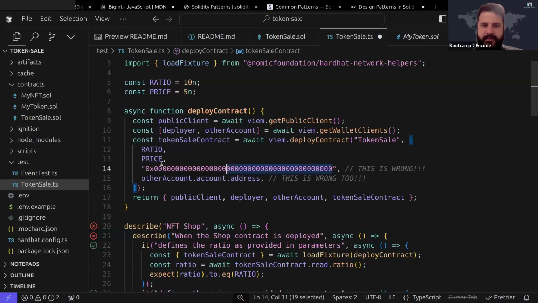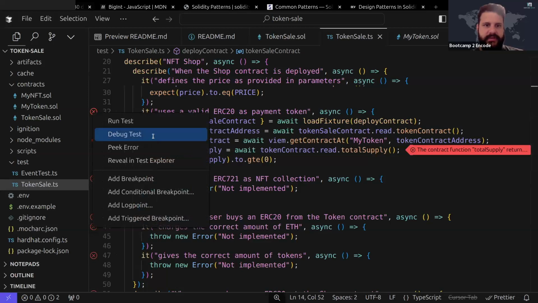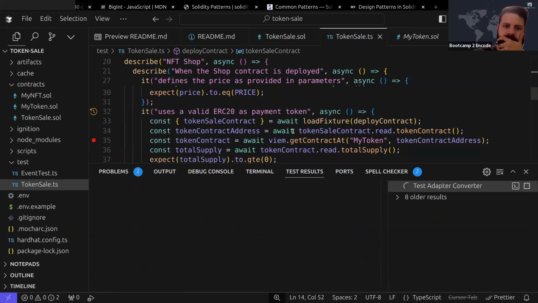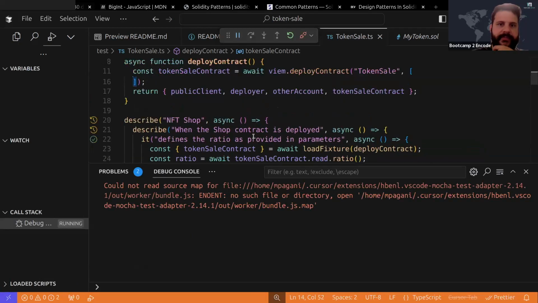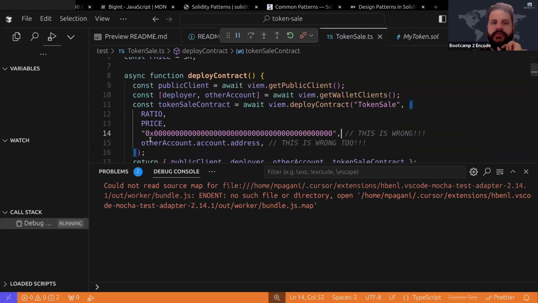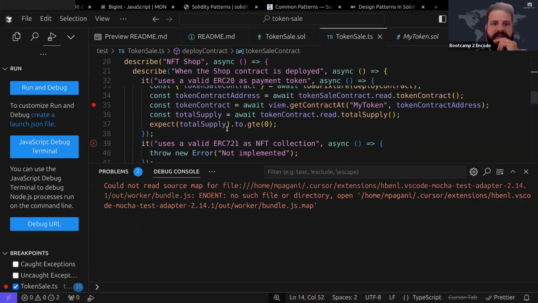Let me see if I did that correctly. So for example, this is a wrong address too. If I try to read total supply, let me debug this test. I'm passing in the constructor the 0 address as the address of that token.